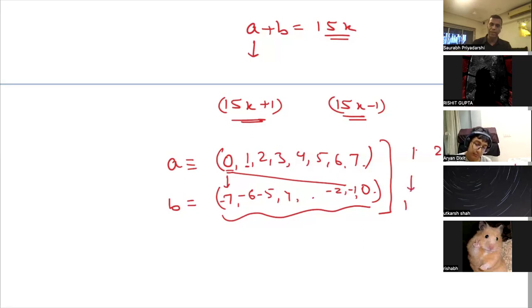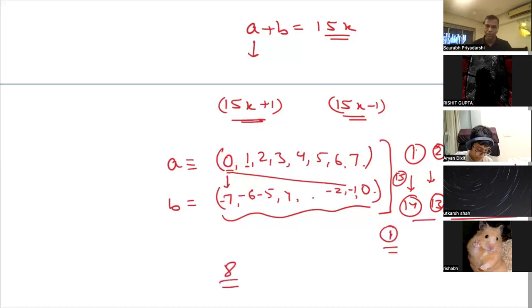From each pair I'm getting one number, and 15 or 0 is one of these numbers. So 8 options are there. I hope maximum of you are getting this. Okay. Yes, sir.